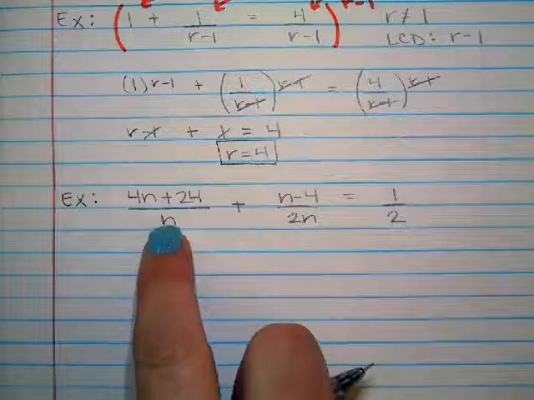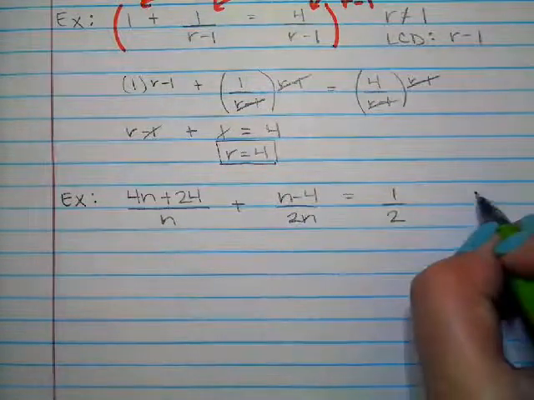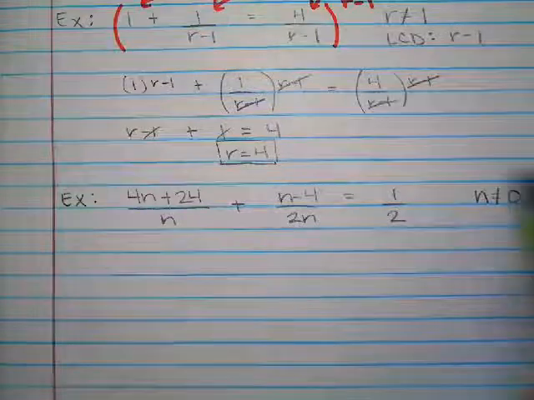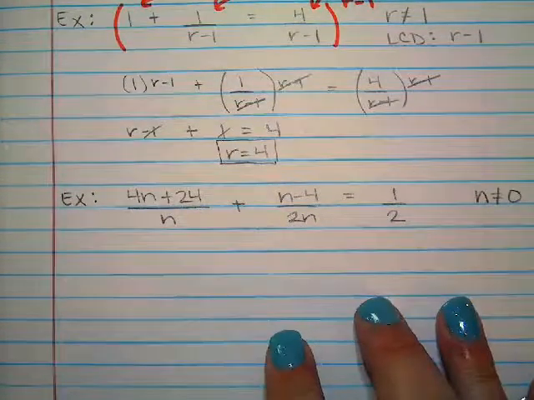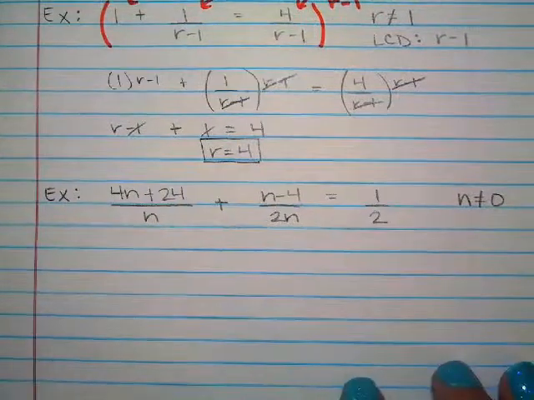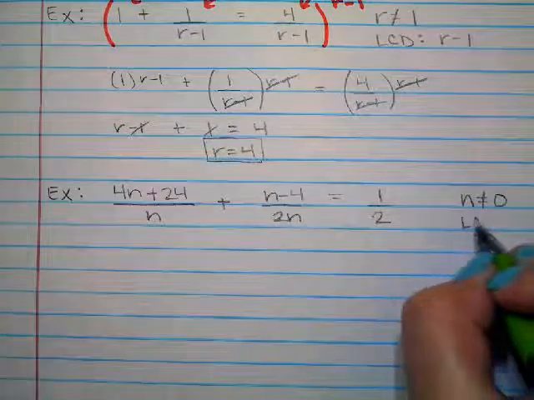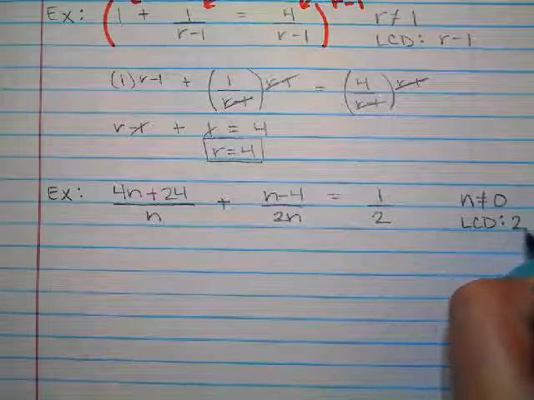I can see n cannot equal 0. I'm going to check the excluded values just in the first couple steps, to make sure they're pretty consistent. I'm going to look for my least common denominator. I can see that it's 2n.